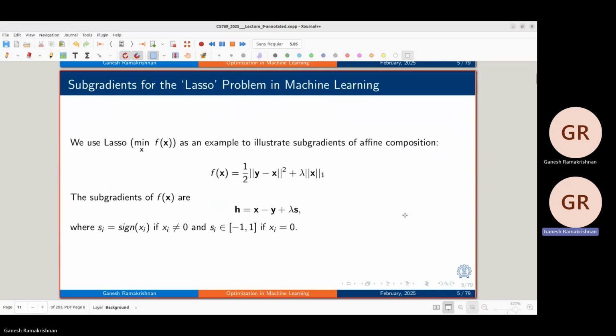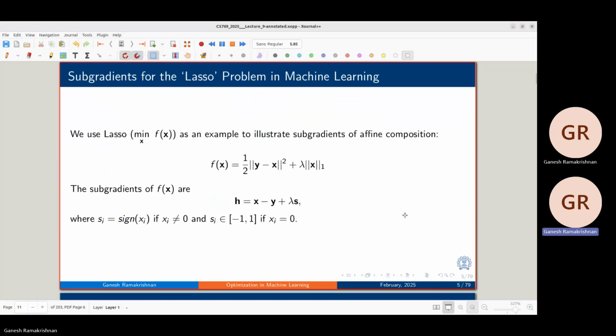But we'll put this to good use today. So anything else? We have already shown an illustration, some subgradient calculus. So we've dealt with max and suprema.